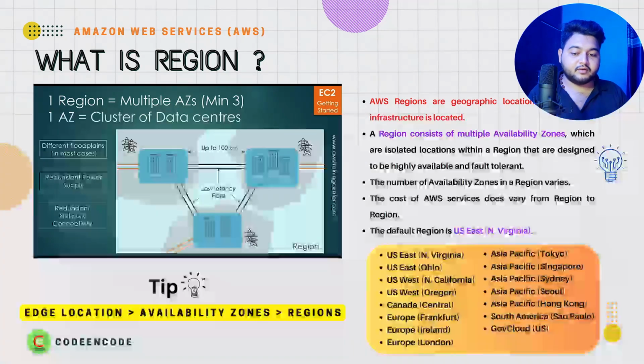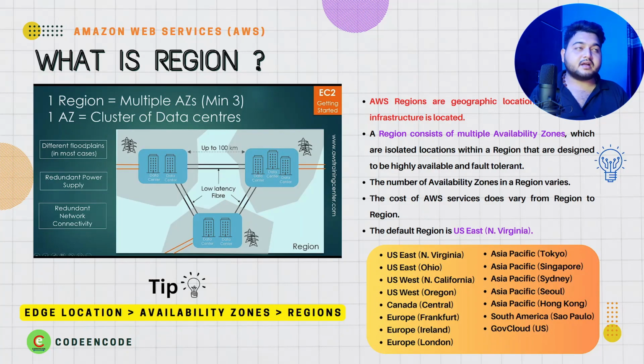What is a region? AWS regions are geographical locations where AWS infrastructure is located. Suppose there is a data center in Mumbai, right? I'm based in India, so I will be discussing the data center in Mumbai. Suppose you want an EC2 instance, a virtual system.